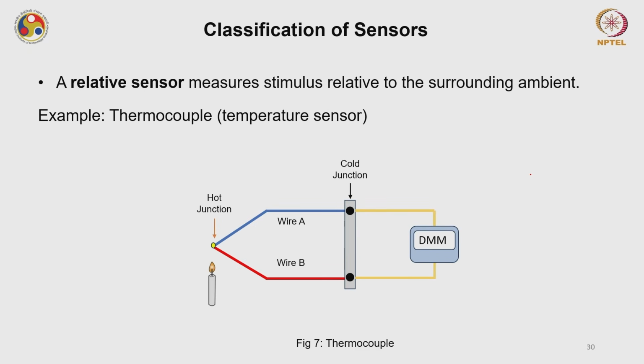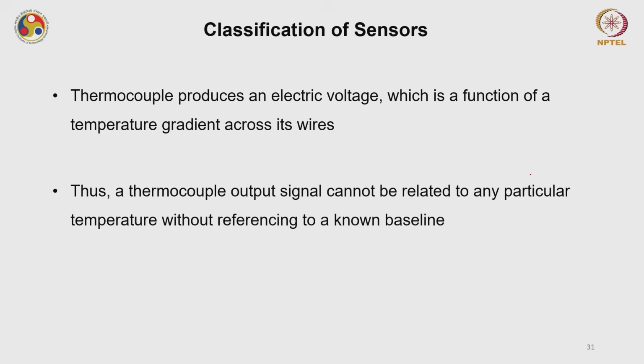Then a relative sensor measures a stimulus relative to the surrounding ambient. One example of a relative sensor is a thermocouple. A thermocouple produces an electric voltage which is a function of the temperature gradient across its wire.